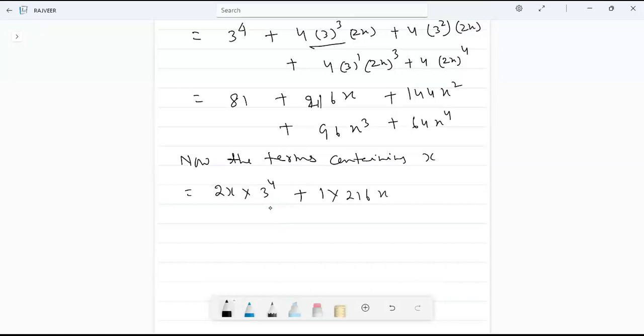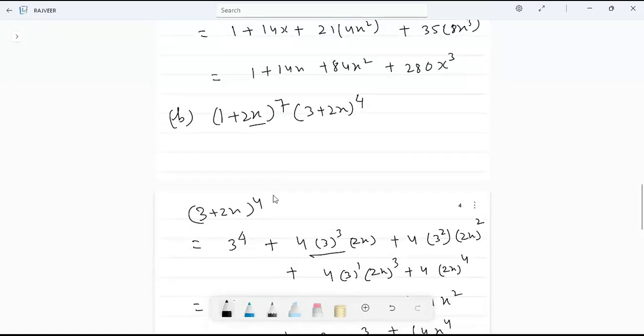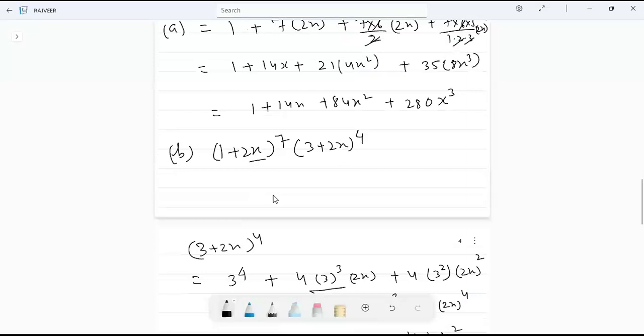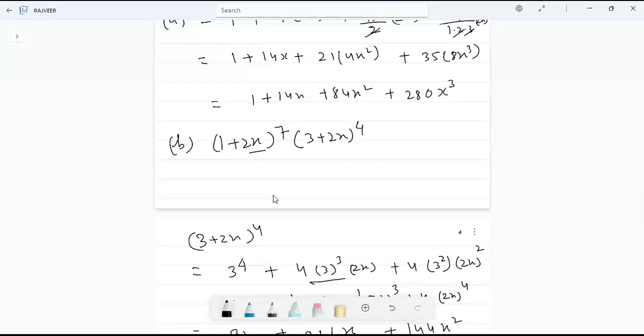So this becomes 81 times 2, is 162x plus 216x. Add them. Do we have more terms containing x? 1 into this, 2x into this one. I don't think any other term will be there. 1 plus 14x, it was 14x. So 14x times 3 to the power.